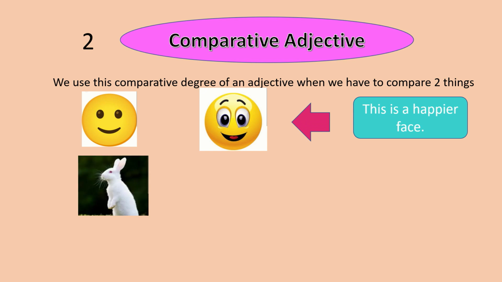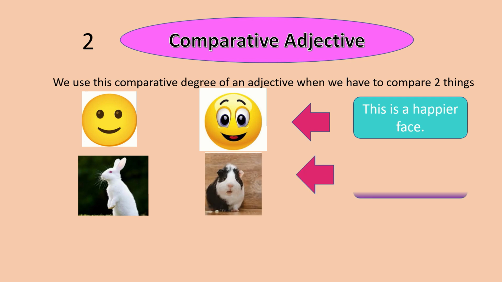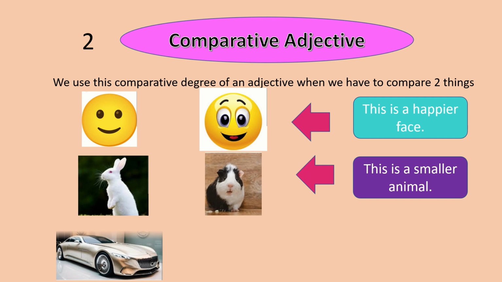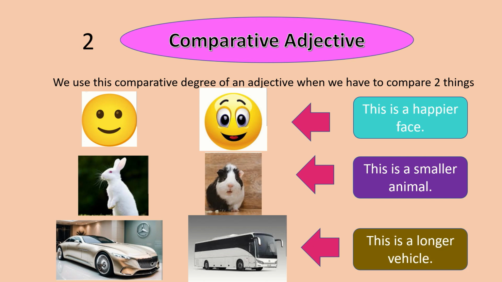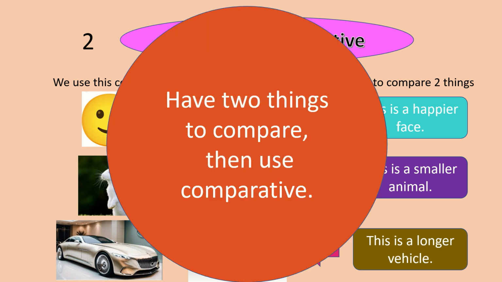This is a rabbit. It's a small animal, but this hamster is a smaller animal. This is a long car, but the bus is longer. Remember, if you have two things to compare, then use this comparative adjective type.